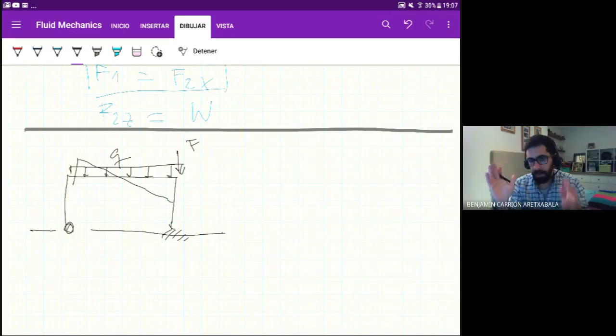So in your pool you have the same. Normally we can say one resultant force, but you have to keep in mind that you have a distribution of forces, and therefore a part of your wall is compressing and another part of your wall is, what's the opposite of compressing? Is under traction, right?